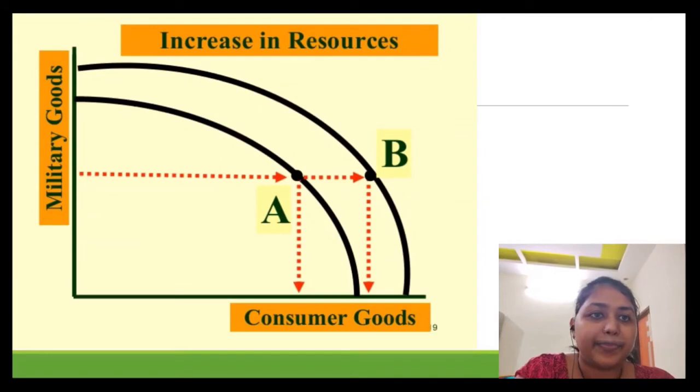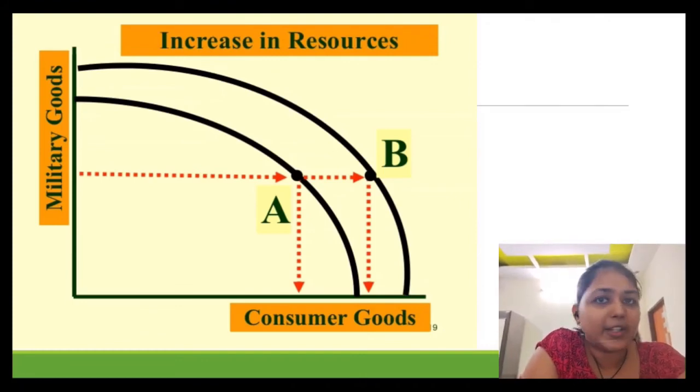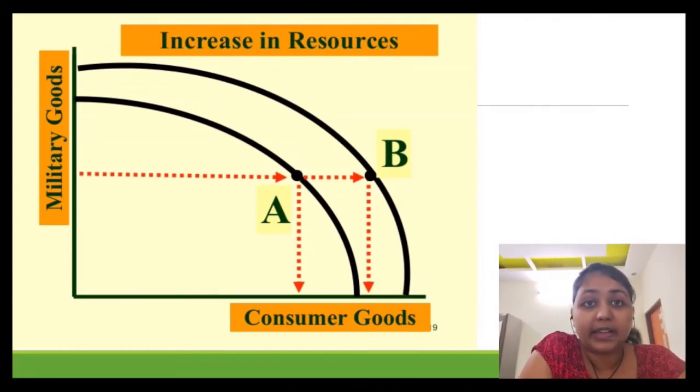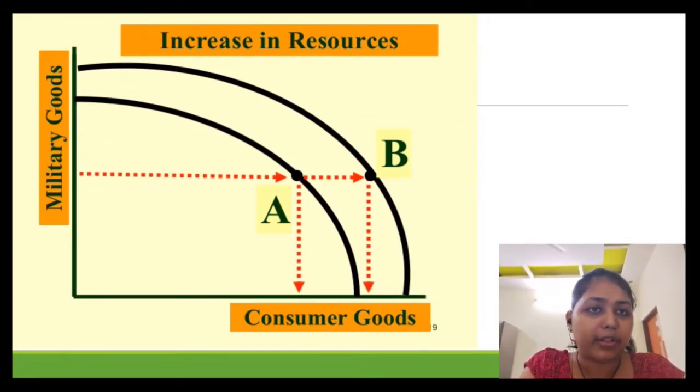Here I would like to tell you that the PPC can change just because of two things. If there is a change in resources, it can be due to anything. It can be a discovery of a new metal, or some improvement in the quality.